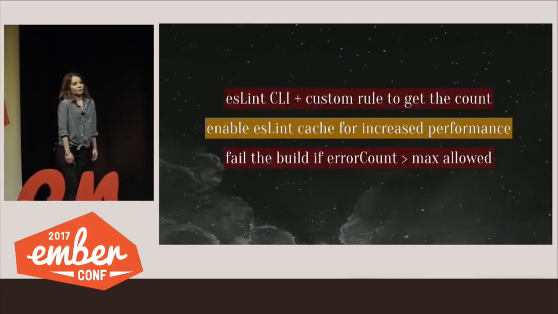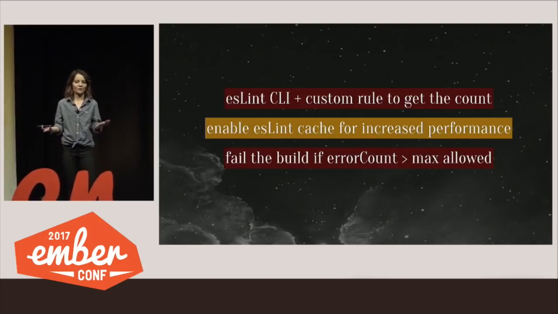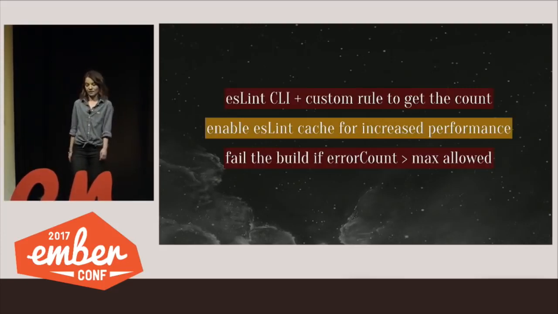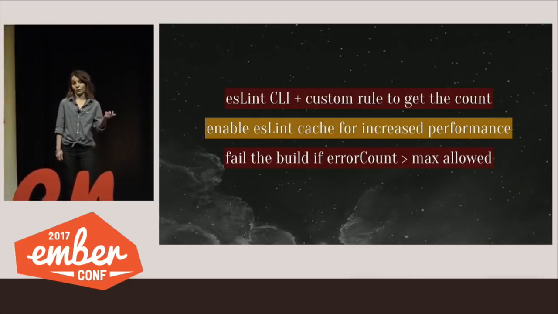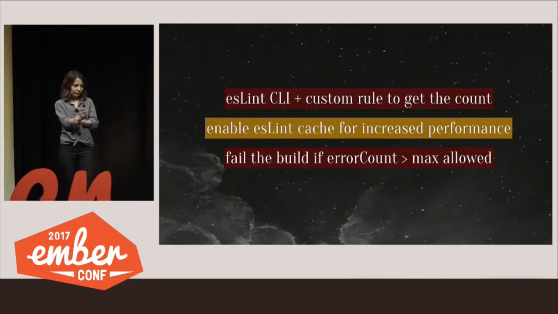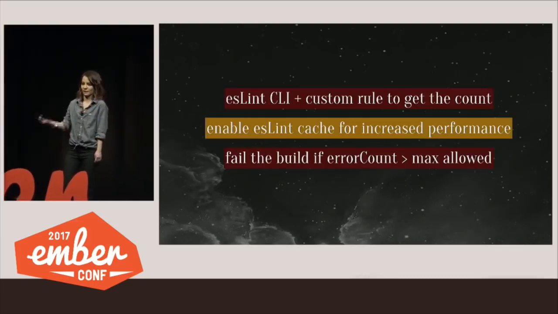Cool, so now we have the rule. How is it going to run in the code? We use the ESLint CLI API plus the custom rule that we just built to get the counts for different blacklisted methods. And then we allow ESLint to cache all the runs in dev to make it faster.